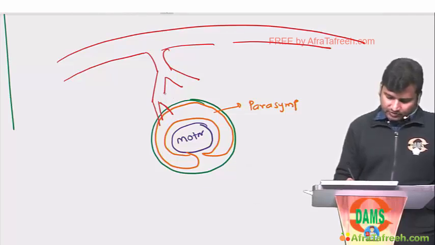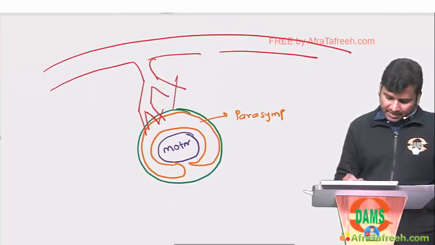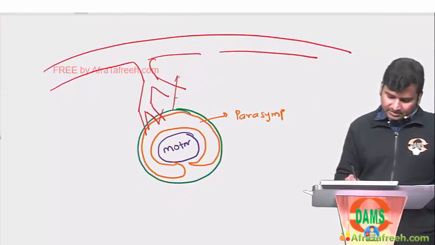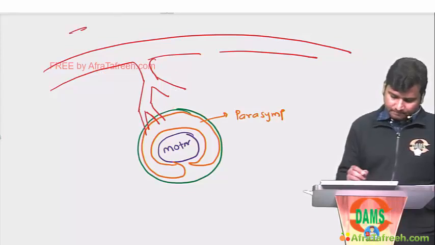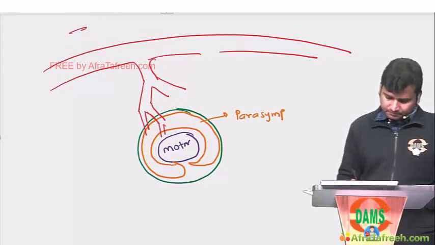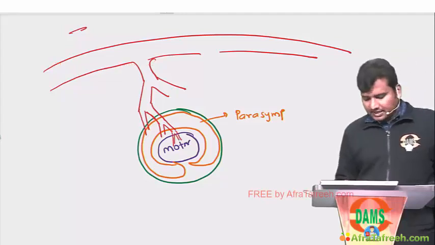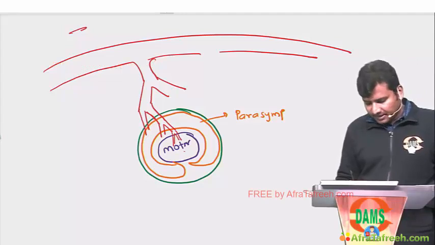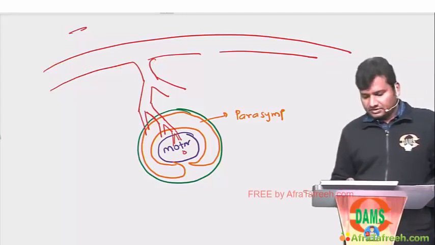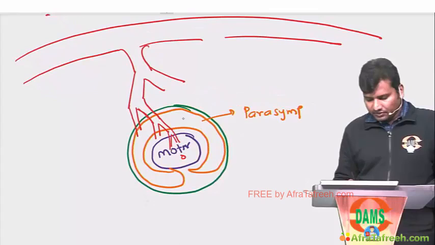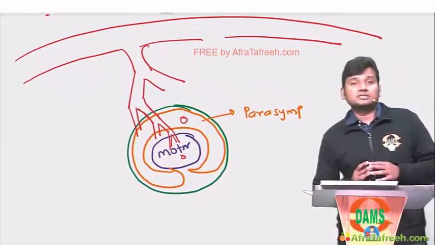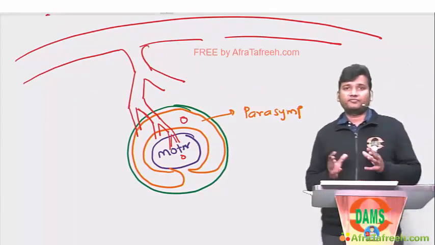So as we go in, the diameter of blood vessel is decreasing. So simply I want to tell you, the diameter of the blood vessel which is supplying the motor fiber is very small as compared to the diameter of the blood vessel which is supplying the parasympathetic fibers.